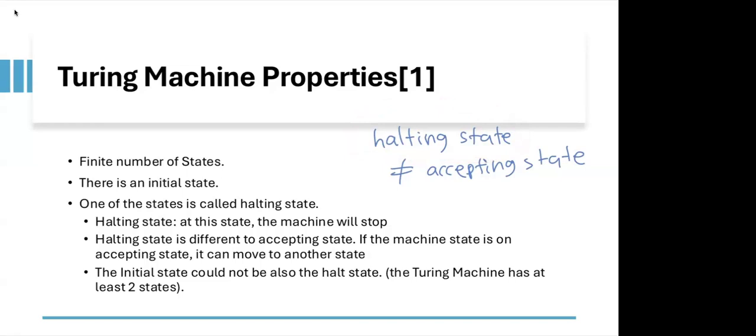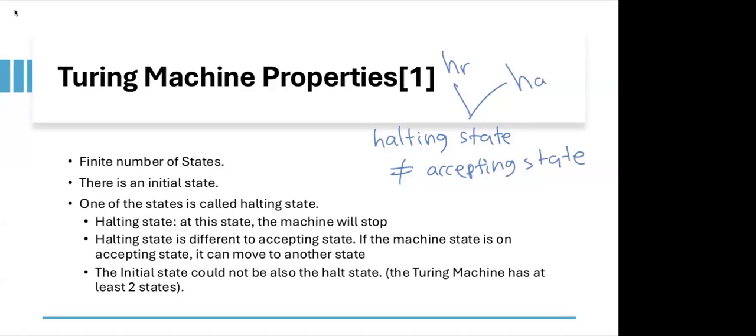And there are two kinds of halting state: halting state for reject and halting state for accepting. The input string will be accepted if we reach a halting state that is an accepting state, even though the reading is not completed yet.